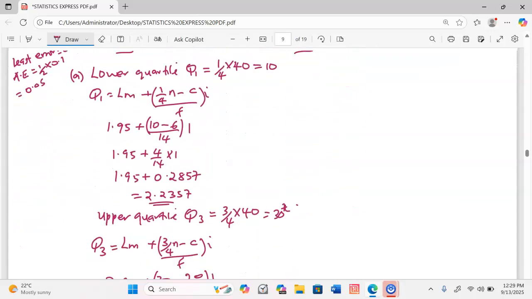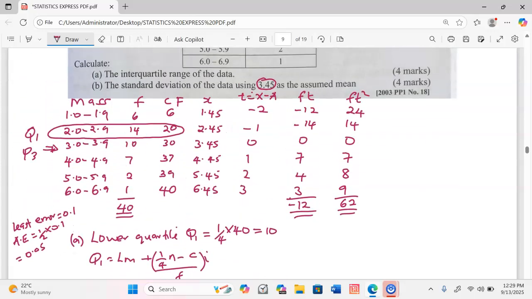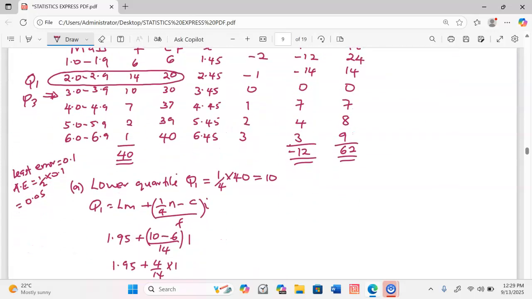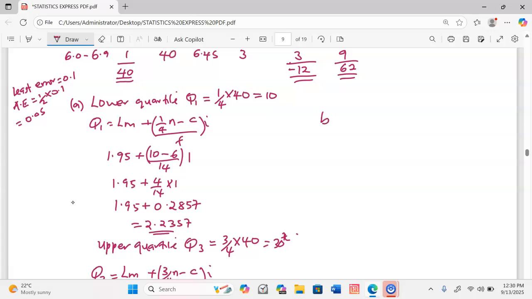We are now going to move to part B, where we are supposed to get the standard deviation of the data. B, to get the standard deviation, is going to be given by taking the square root of the summation of ft squared divided by the summation of frequency.